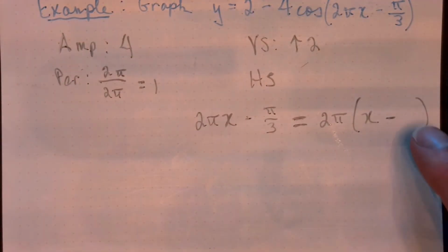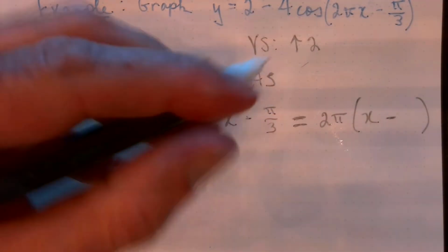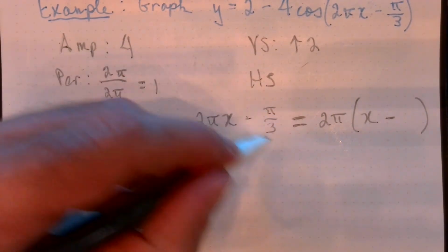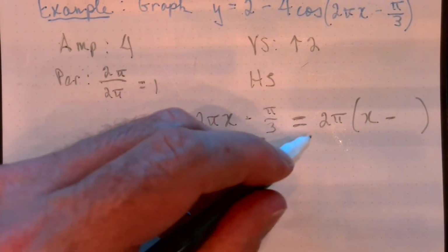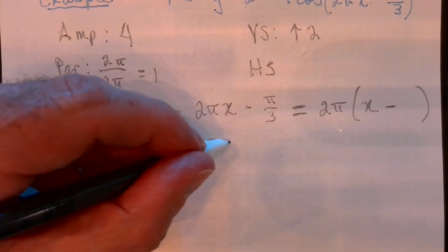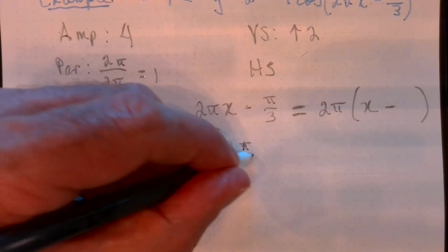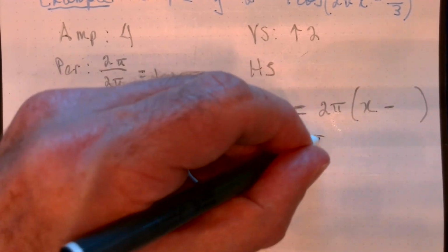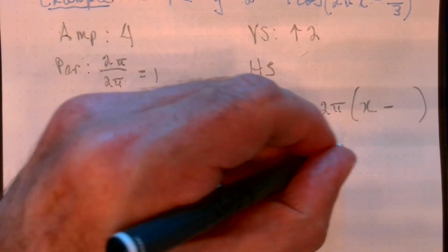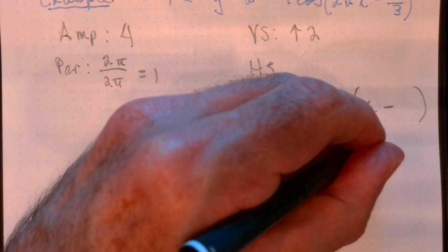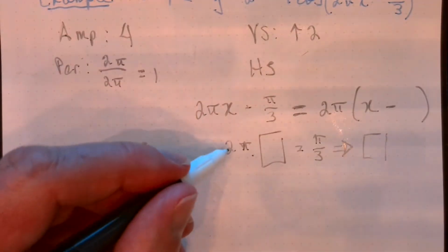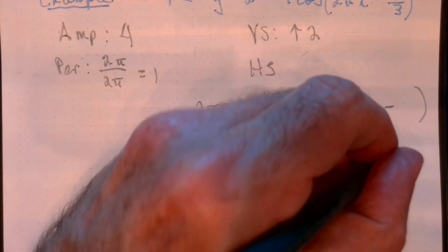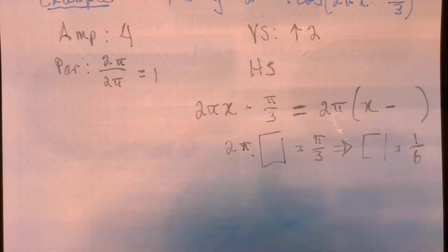Okay, what do I have to put here to get pi over 3 after I multiply by 2 pi? So in other words, 2 pi times what equals pi over 3. So that implies the box should be 1/6.